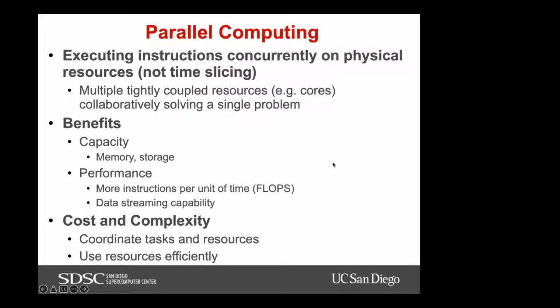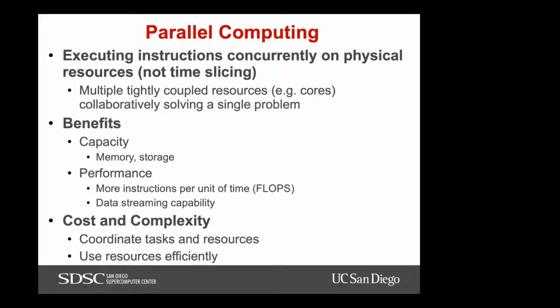So parallel computing essentially involves executing instructions concurrently on physical resources. So it's not time slicing. At any given time, you're using all these resources that are coupled to solve a particular problem. Now, the benefits, of course, are you're scaling up in memory, storage, and performance as you bring in all the resources.